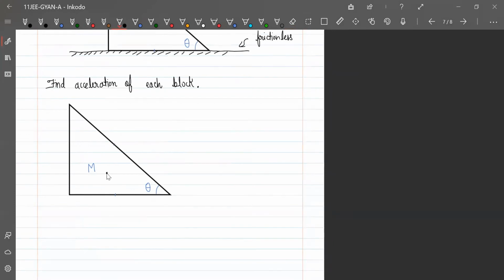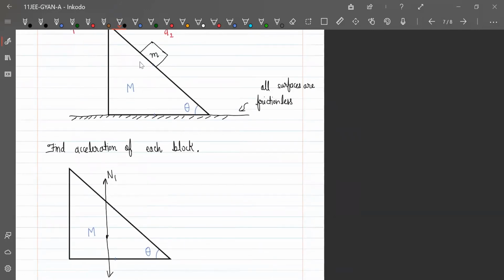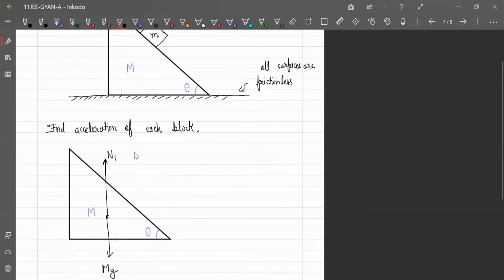So on this block, mg will be acting downward. Normal force applied by the ground, call it N1, will be upward. And this block will apply some force on this surface. Call it N2. And it will be perpendicular to the surface.